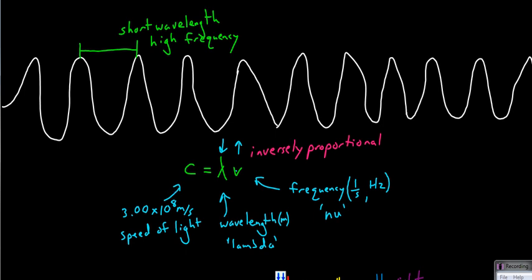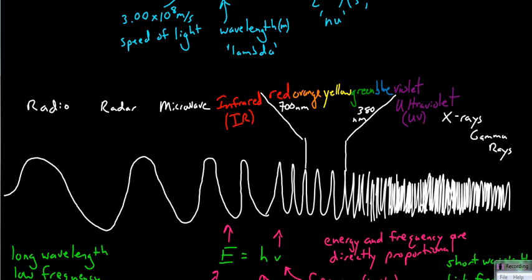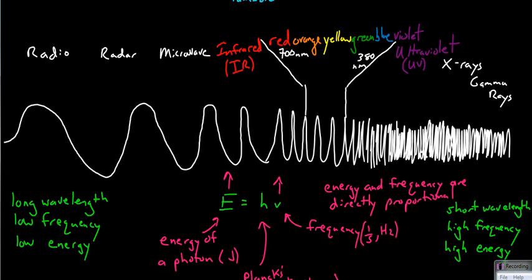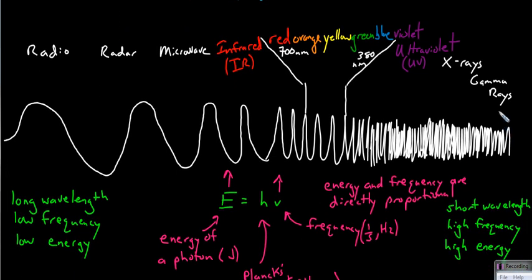What are some different types of electromagnetic radiation? They all travel at the same speed, but they have different frequencies and energies. I think it's best to start with the forms of light that you're most used to, the visible spectrum. Here we have the visible spectrum, which is all these different colors of light.